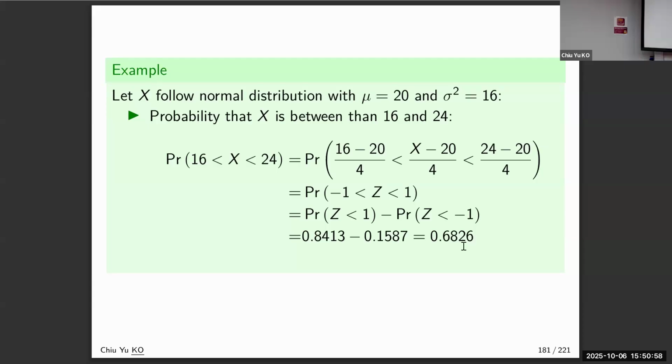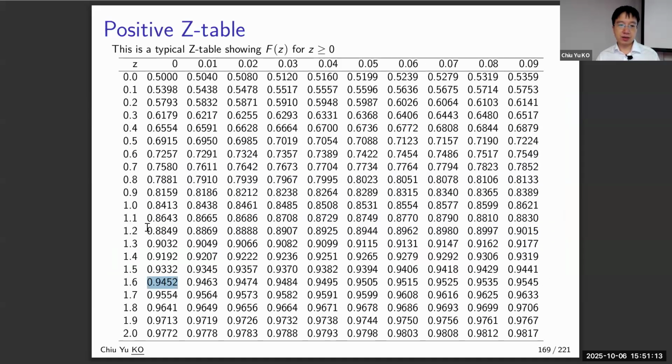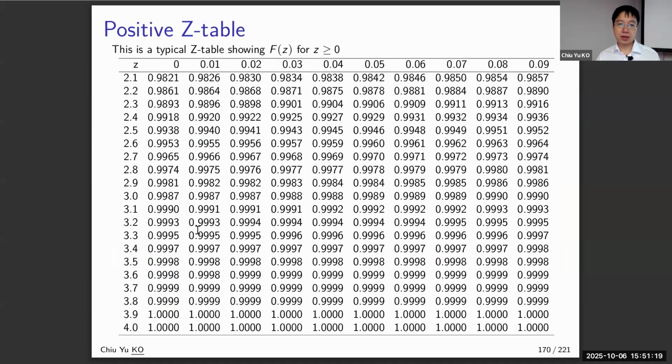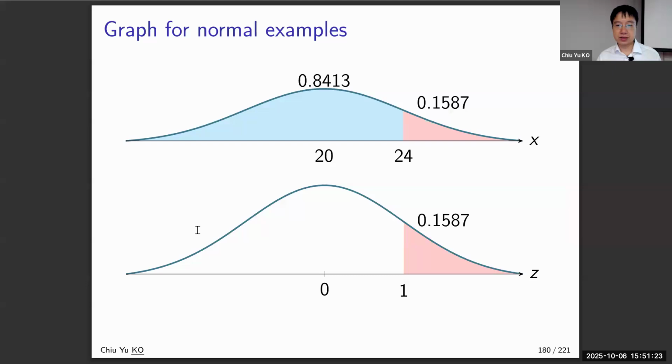You're basically asking between -1 and 1. Less than 1 is from this table, this guy. Less than -1 is this guy. Why is that the case? It's the difference of areas.